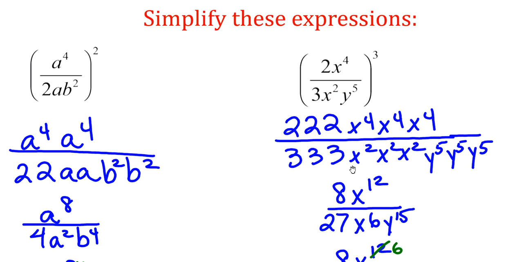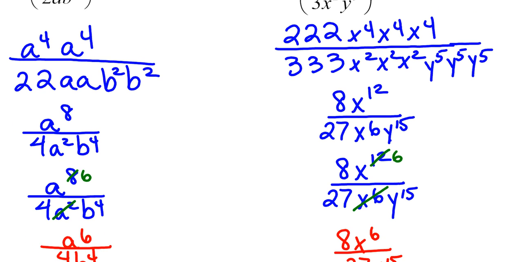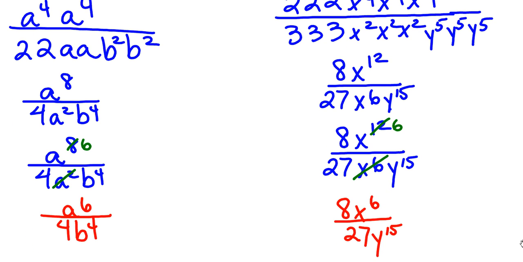And if I had 3 sets of x squareds multiplied together, that's x to the 6th. So x to the 12th in the numerator, x to the 6th in the denominator means we have 6 greatest common factors of x's to divide out. So I'd be left with 6 x's in the numerator, and unfortunately no greatest common factor of y's to divide out, so those will all remain in the denominator. And 3 sets of 5 are 15. Therefore, we have 8 x to the 6th over 27 y to the 15th.